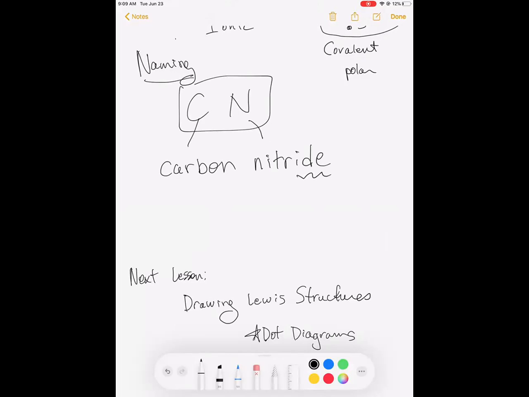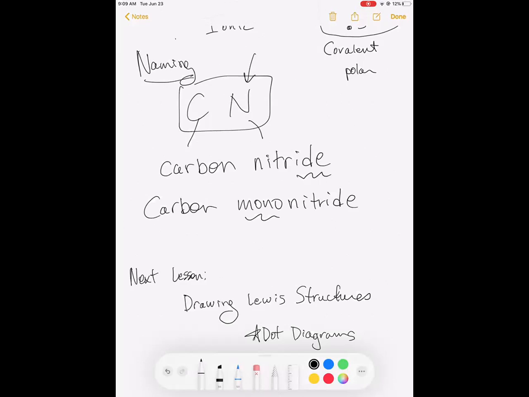That's it. Now, in addition, you have to tell how many of the second atom. You only have 1 carbon and you have 1 nitrogen. So we're going to use the prefix mono. That tells us we have 1.